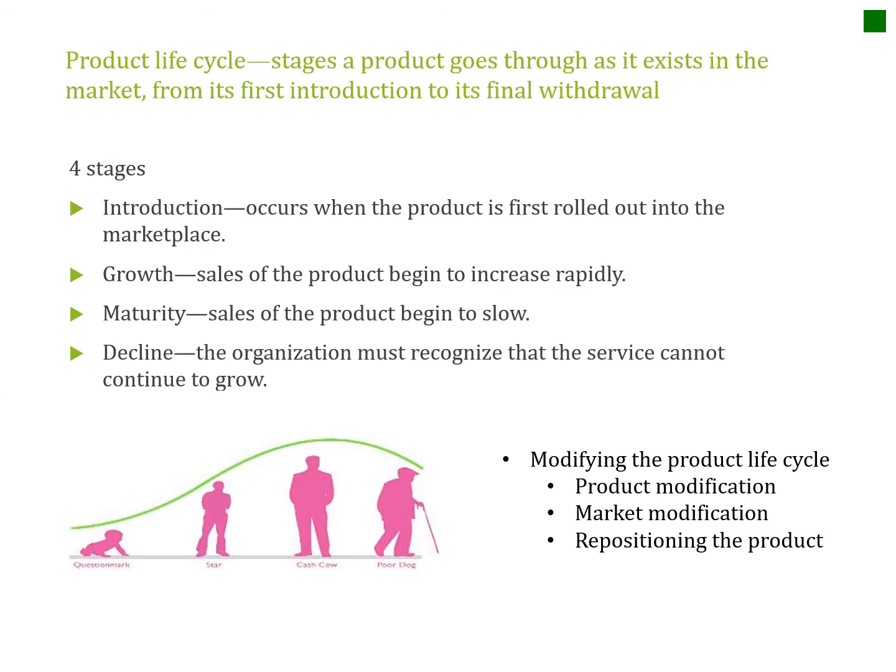Now, in looking at products, one of the key marketing things we always look at is the product life cycle. And so technically there are 4 stages that a product goes through with introduction, growth, maturity, and decline. And so there are different ways that we look at products depending on which of these stages that they're in. Now, with that being said, we could also talk about our patients' life cycles.